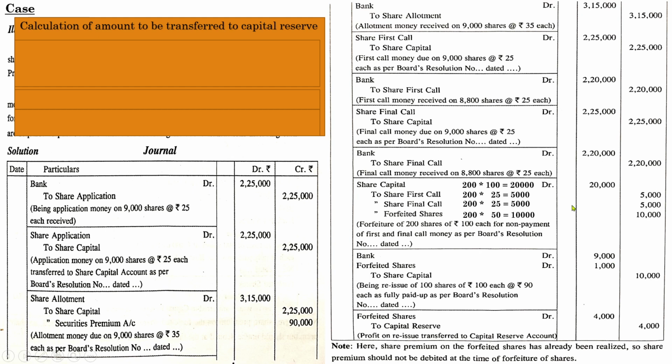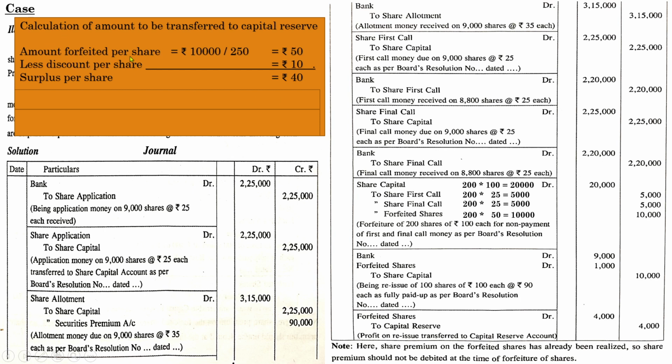If the company had reissued all the shares, that means here the shares cancelled were 200 shares, you can take the difference between these two. Since the company is reissuing only half of the shares, you can't simply take the difference between these two amounts. So there is a certain computation.